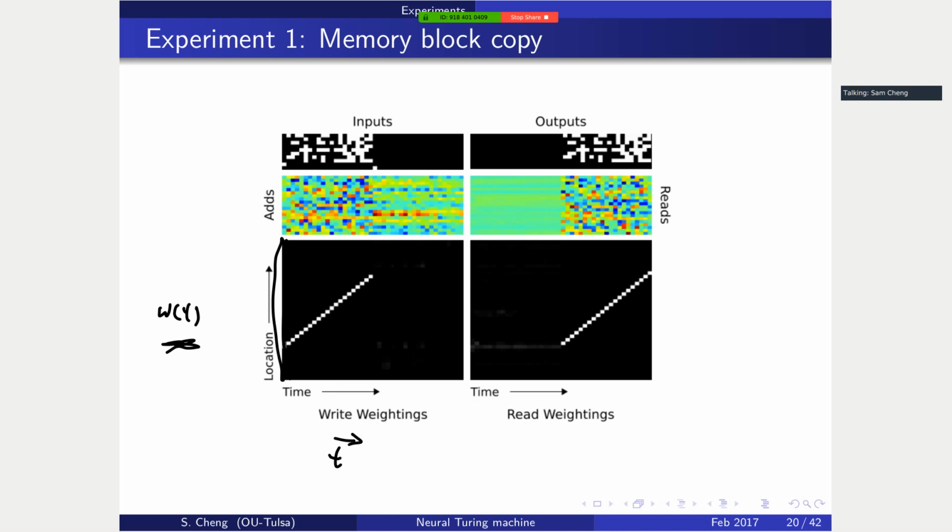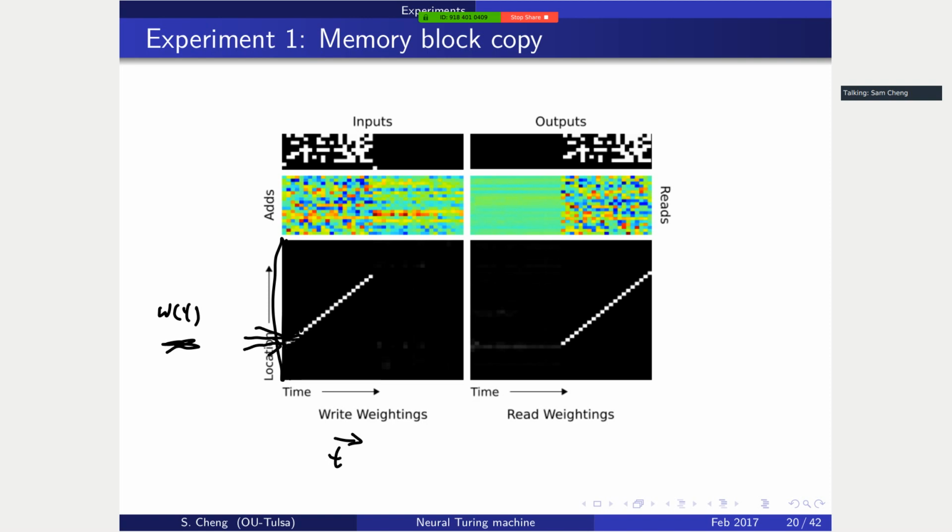So it starts with copying from here; at this time step I copy to this location here, and then to the next location, and the next location. Each time you read one vector input here, you copy it to the next location. When it reaches the end, you just stop, and afterward you start reading from the memory.